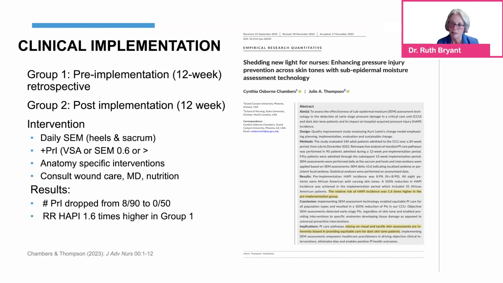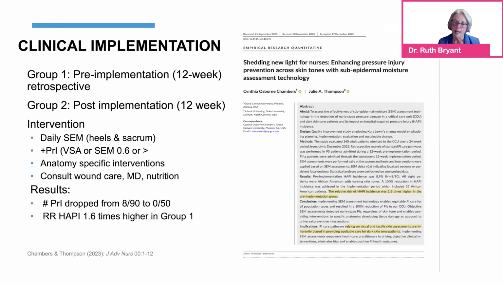They had anatomy-specific interventions already identified, but they included consultation. So it wasn't just the staff responding with doing more interventions for that particular site, but they also consulted with wound care. They consulted with the physician, so the physicians were on board and knew what was going on. They had nutrition come in and do their work.